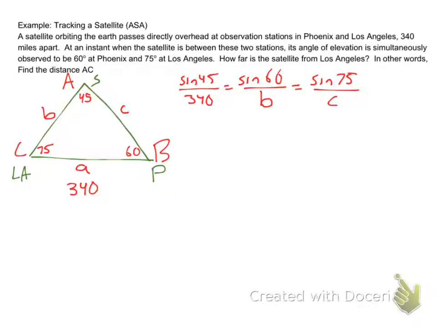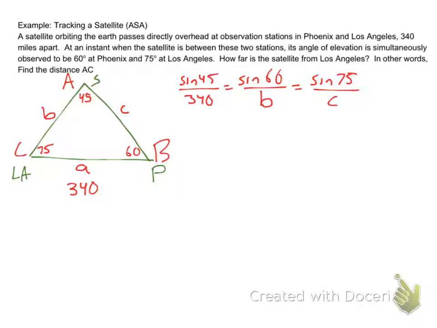I am going to use the one that's given to me. This is a complete pair. And I am going to use one of the incomplete pairs at a time. So I could use the first two ratios, set them equal to each other, cross multiply, and solve for B. Then I can go back and use the next two, set them equal to each other, cross multiply, solve for C, and I have my answer.